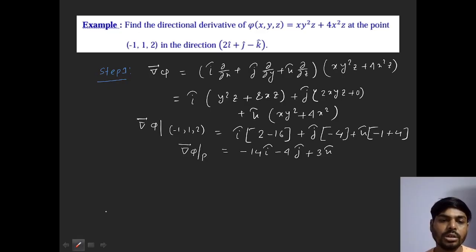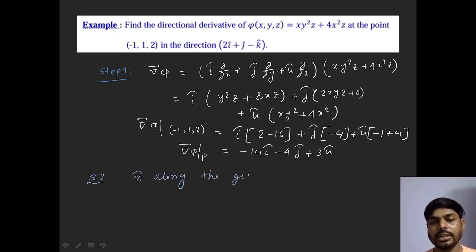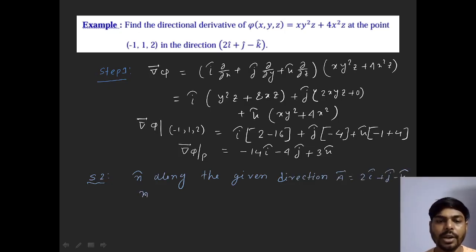So let's move to step 2. Step 2, you have to find out the n cap along the given direction, a vector is equal to 2 i cap plus j cap minus k cap. So what is the n cap right now? N cap is equal to a vector by magnitude of a vector.